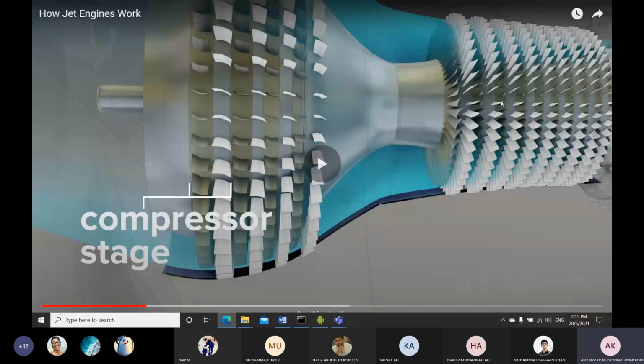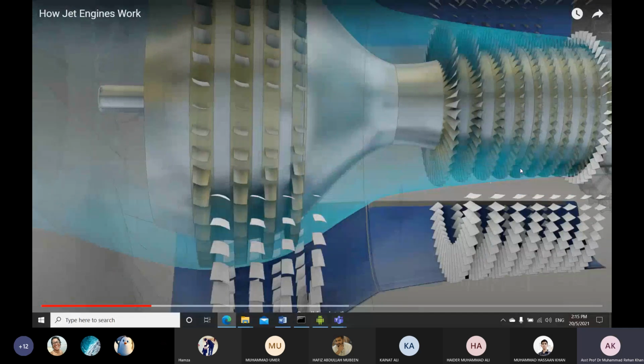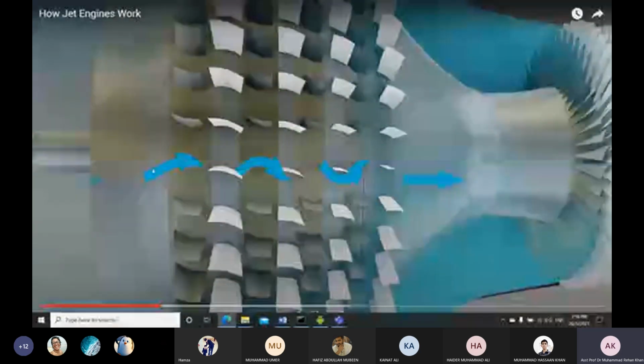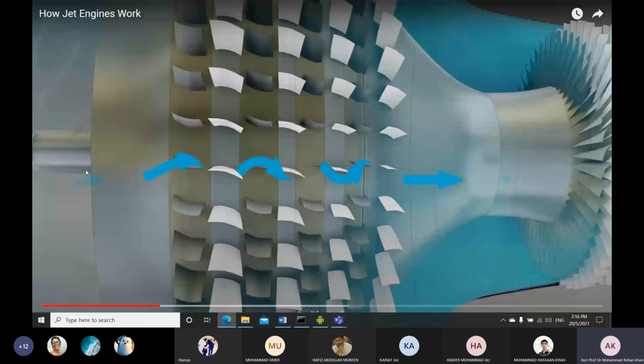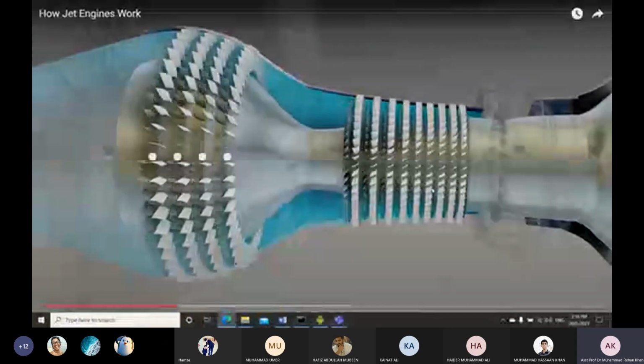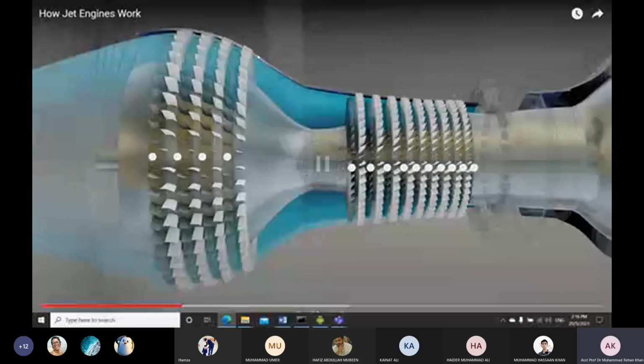So these are the two sets of blades, and the air flows towards your combustion chamber. As the air goes through these blades, the pressure increases. These are the low pressure stages. These are the high pressure stages.